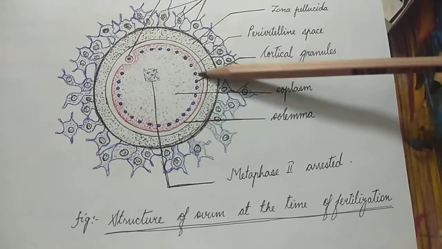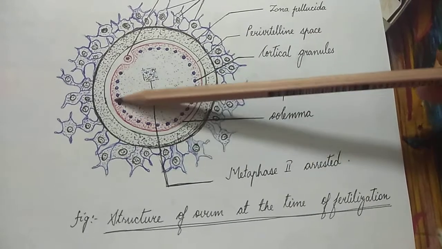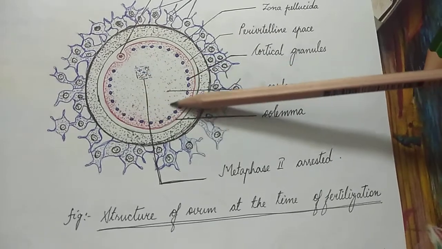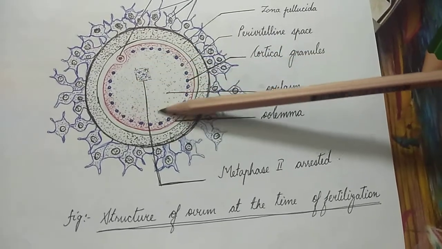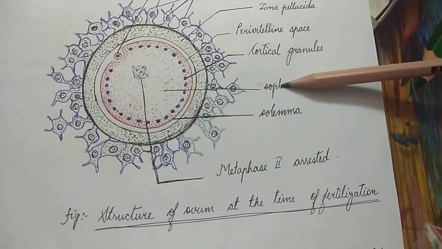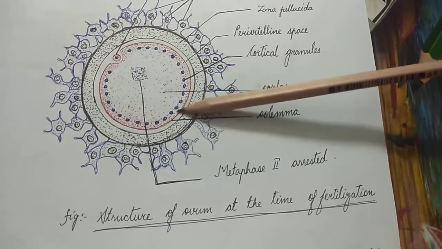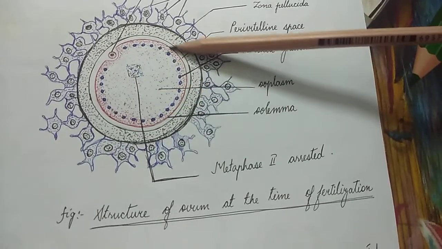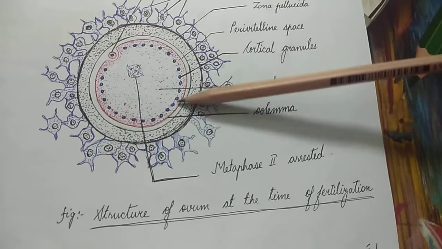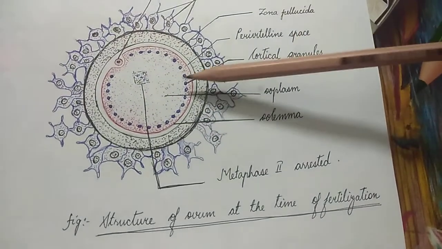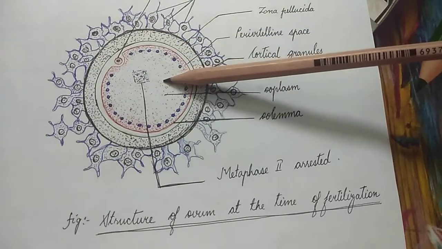It is surrounded by a plasma membrane known as oolemma. The cytoplasm which fills the oocyte is known as ooplasm. At the periphery, underneath the oolemma, we can see granules are present. They are known as cortical granules.